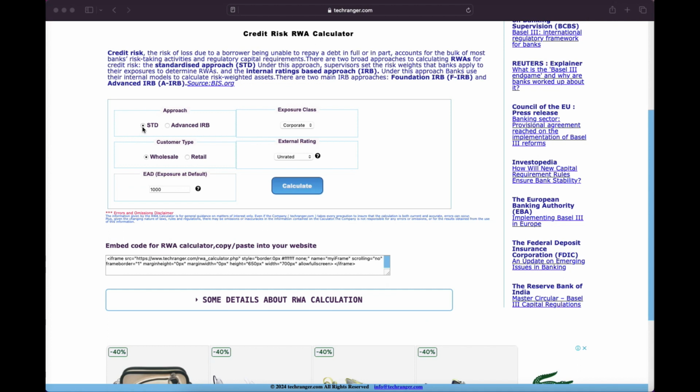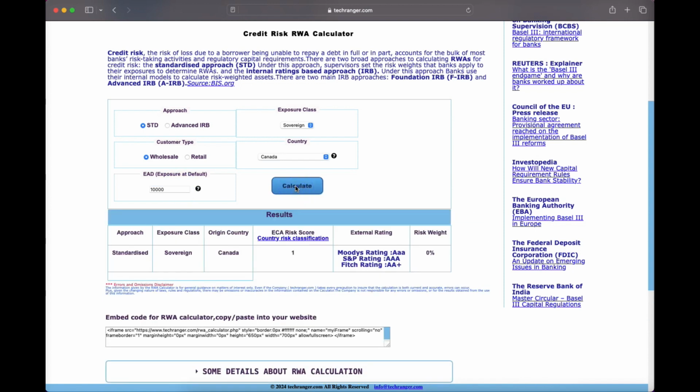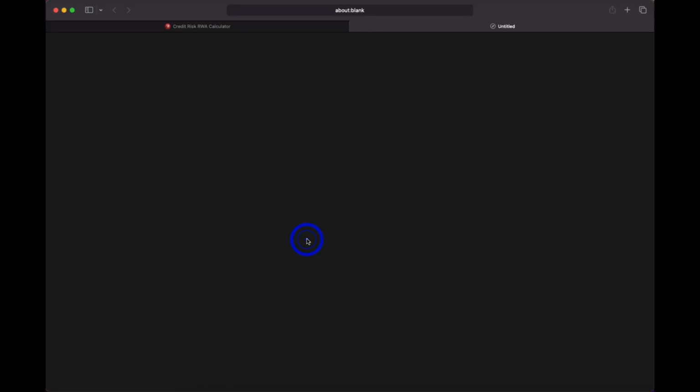Let's find the risk weight for sovereign exposure, for example for Canada. Country risk classification of the sovereign is available from the website of OECD.org.